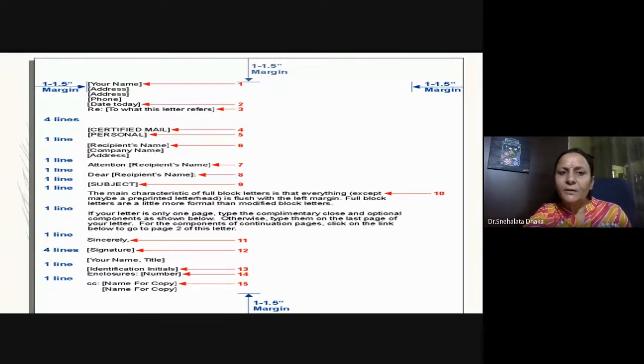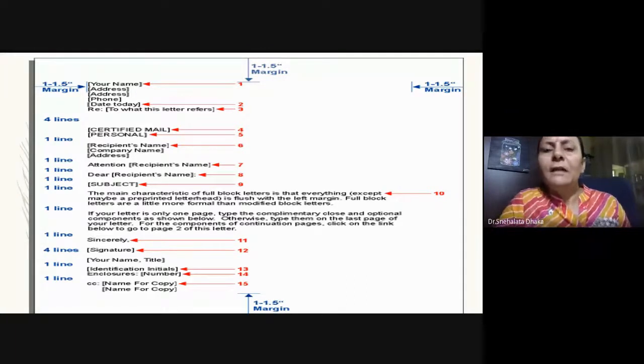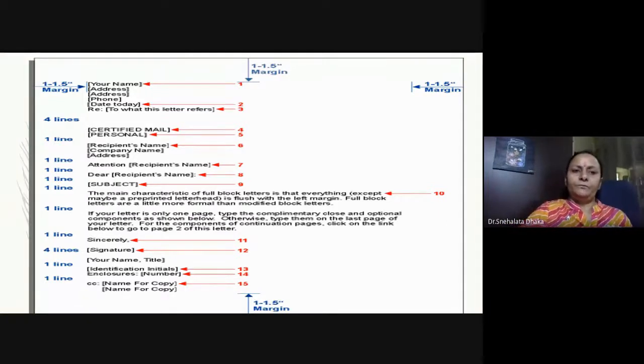So this will be termed as the modified block format. So you can easily find out that there is no change in the steps of information, only there is a change in their position.